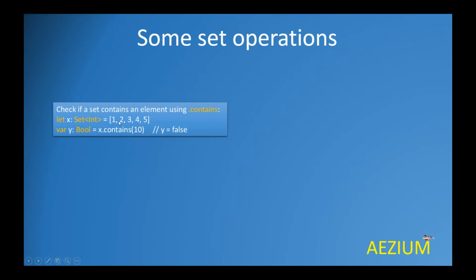It's a set of integers containing these values. x dot contains 10 looks for 10 in this set. If that value exists in the set, it returns a value of true, which will be assigned to y. Otherwise, it returns false, which is assigned to y. In this example, y is equal to false because 10 is not part of the set.